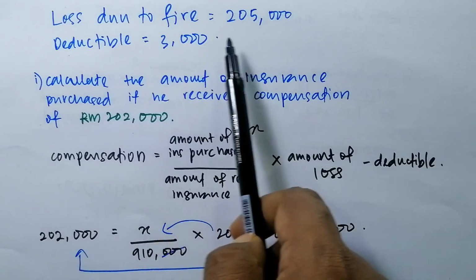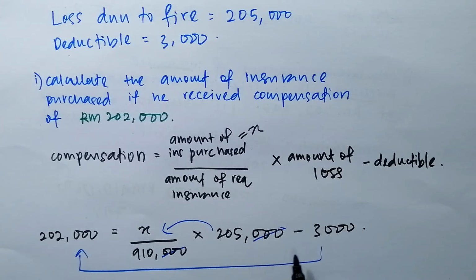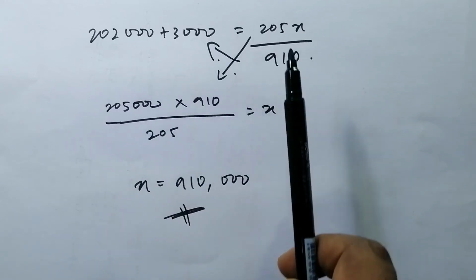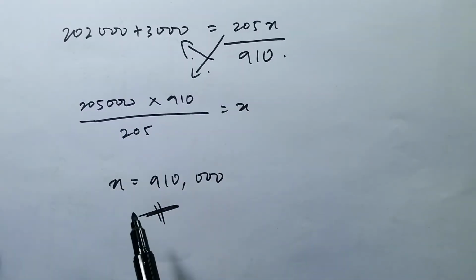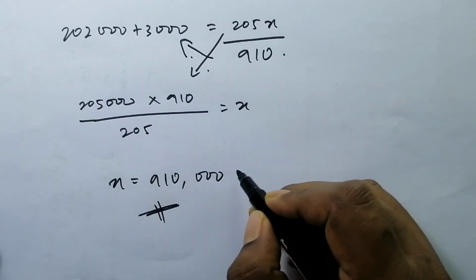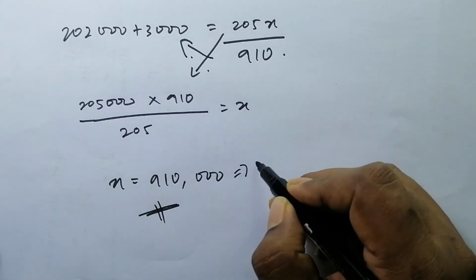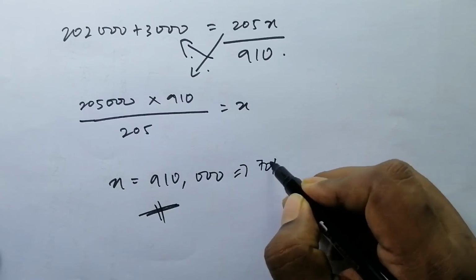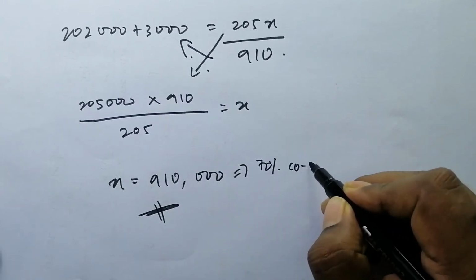From the question, it's 205,000 minus the deductible of 3,000. Further solving this question will give us X equals 910,000, which is also equivalent to the 70% co-insurance value.